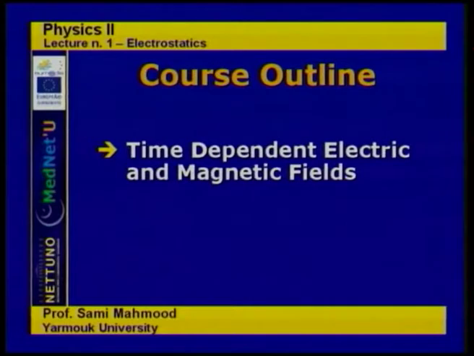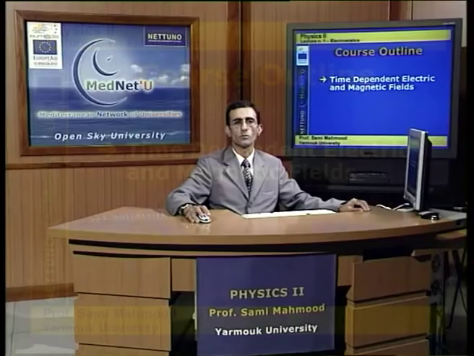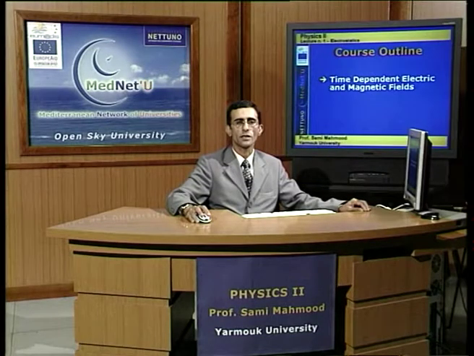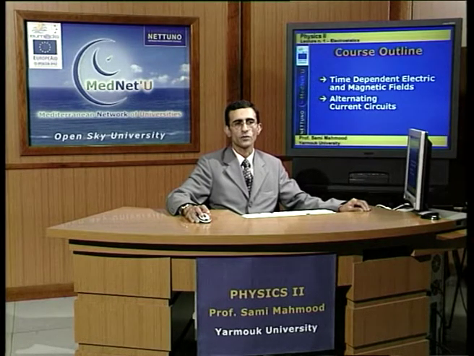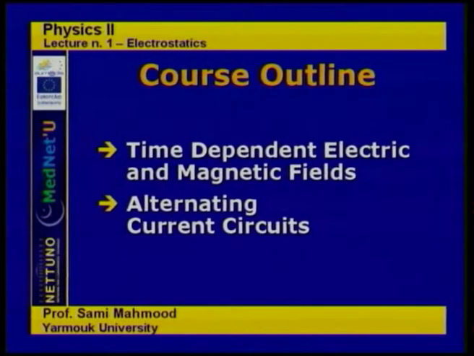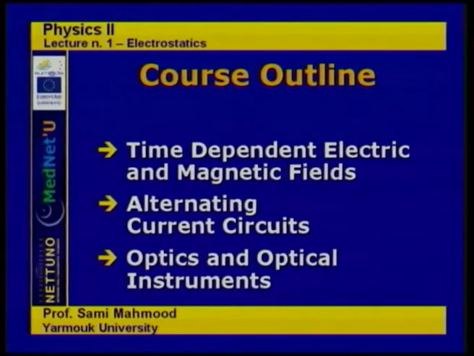Then after that, we will be talking about the time-dependent fields, electric and magnetic fields, and reach some relations between the electromagnetic phenomena. And after that, we will be talking about the alternating current circuits. Finally, the field of optics and optical instruments will be addressed.